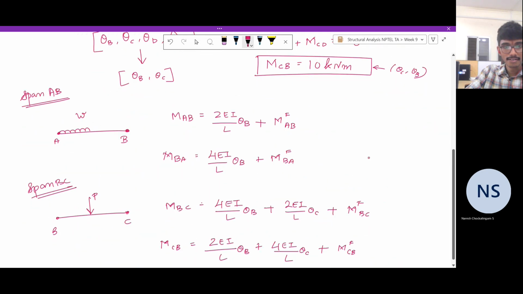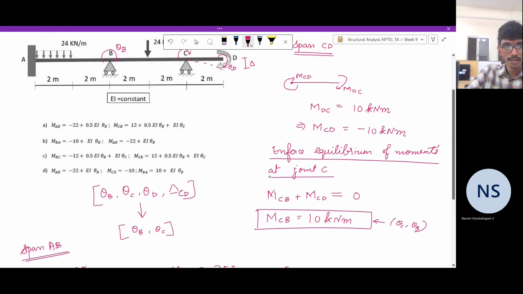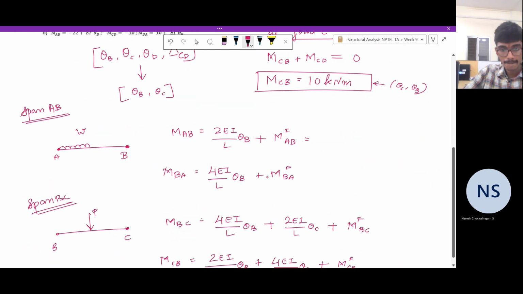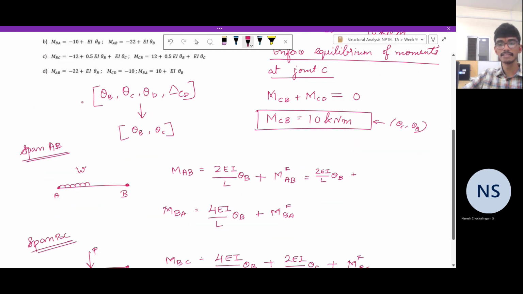So MAB is nothing but 2 EI by L theta B. What is MABF? MABF we determined to be minus 11 by 192 WL square.